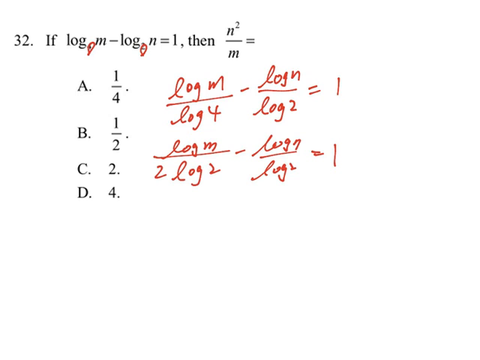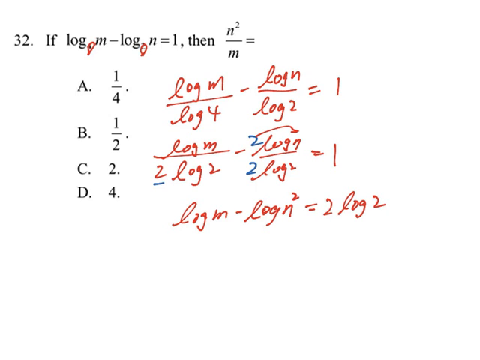And then they have different denominators, so we need to compare. This one is missing 2, so we times 2 times 2. So it becomes log n minus log n to the power 2. We can put it to square, and then 1 times log 2 becomes 2 log 2, so it's 2 log 2.